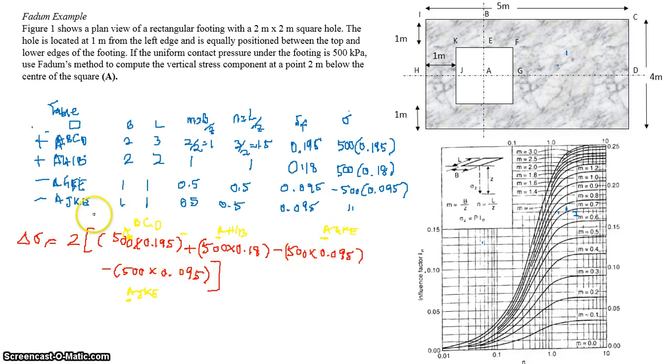And from here you times 2 because you calculate only at the top side of the foundation, but actually you have another half. So I think that's all. Get the value and you will define the vertical stress.